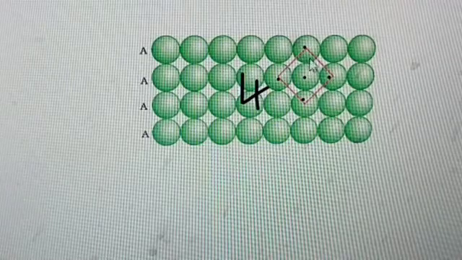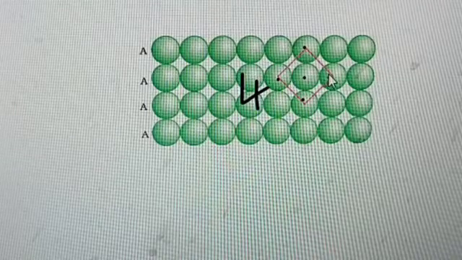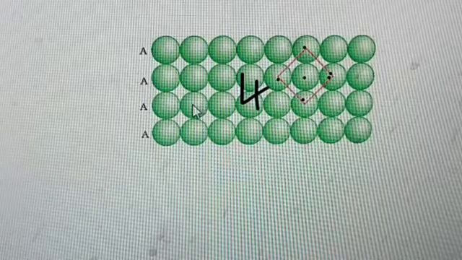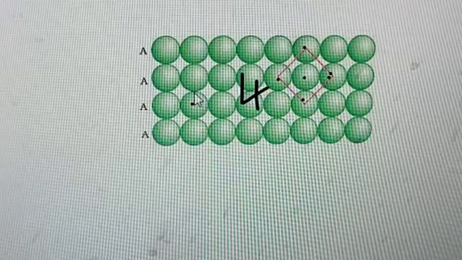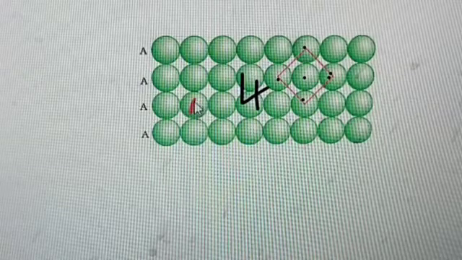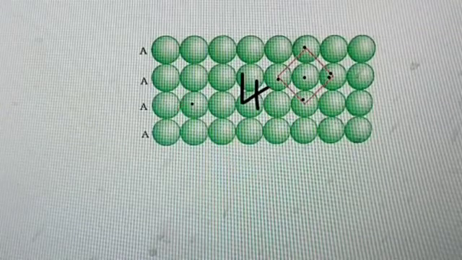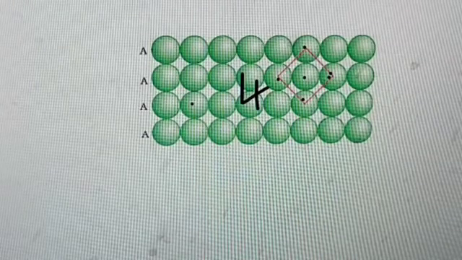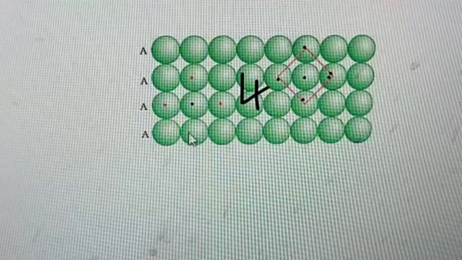When we join the centers of the neighboring spheres, this is the center of the sphere. For example, I am taking this particular constituent particle. For this particular constituent atom, this is one of the neighbors, another neighbor, and another.